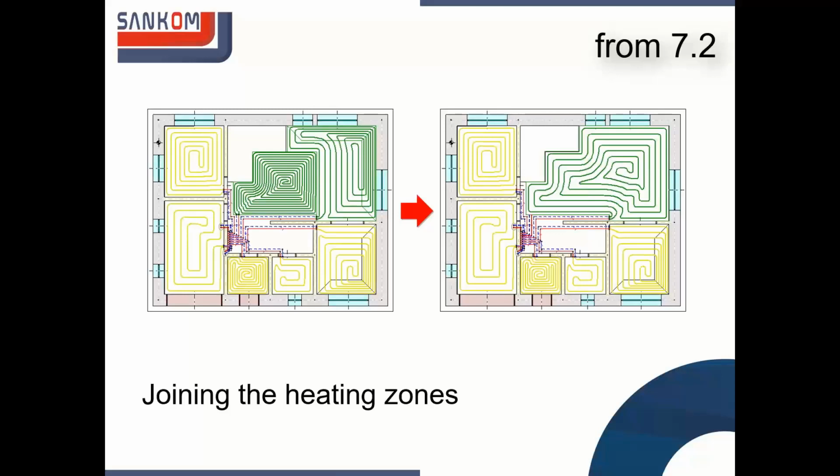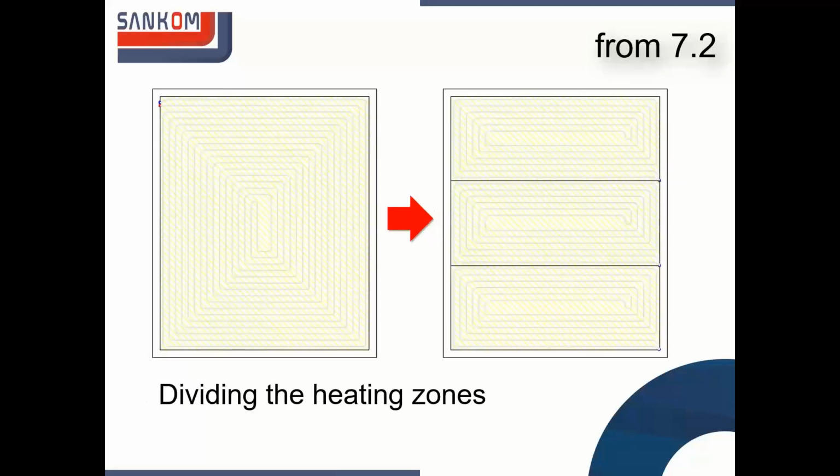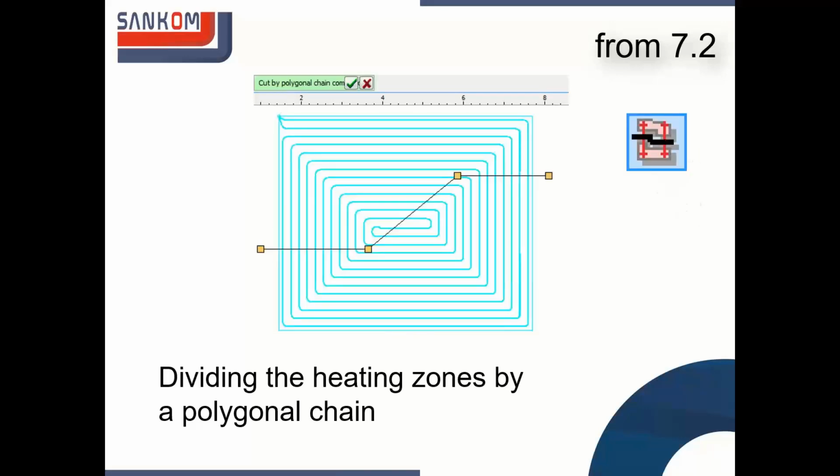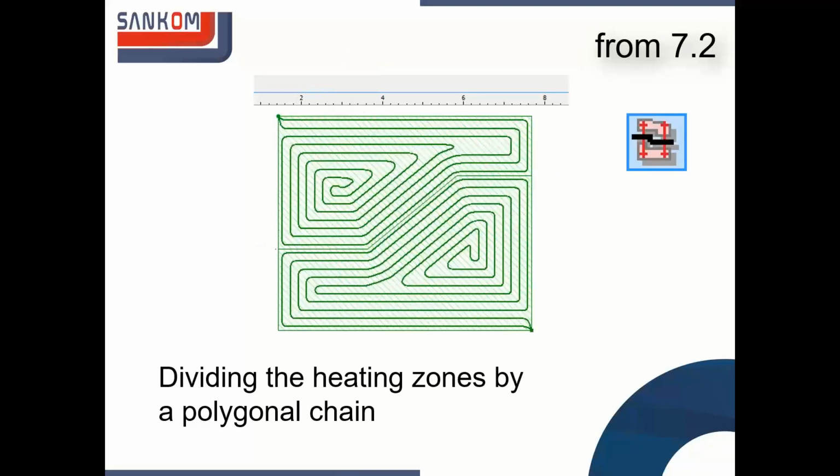For example, you can select more zones and join them, or you can divide. You can divide automatically into 2 or 3, vertically or horizontally. Or there is also this flexible division by a polygonal chain. So you draw such a polygonal chain, and then you can divide such a coil into 2 circuits.